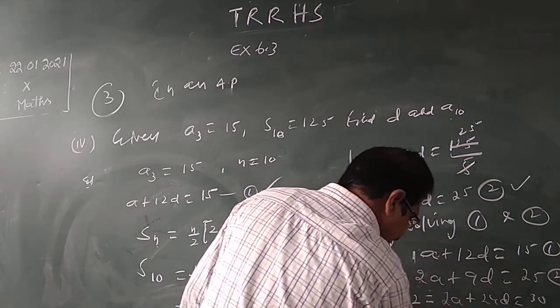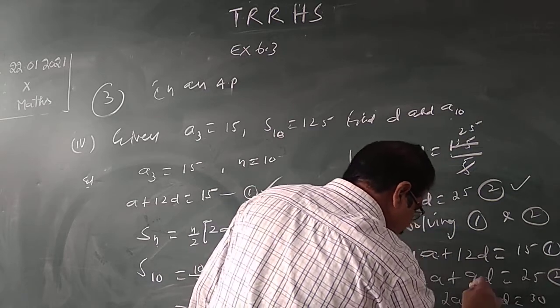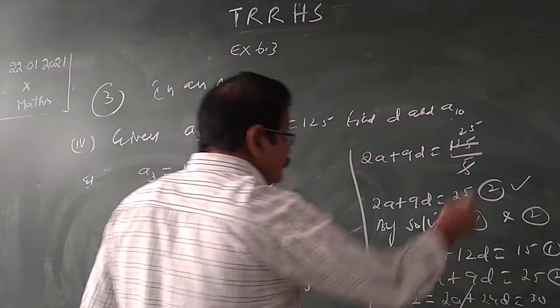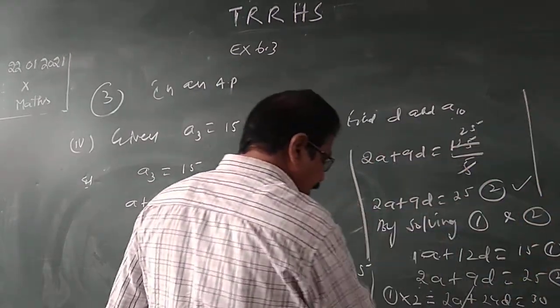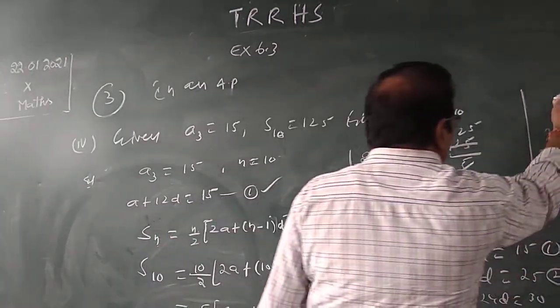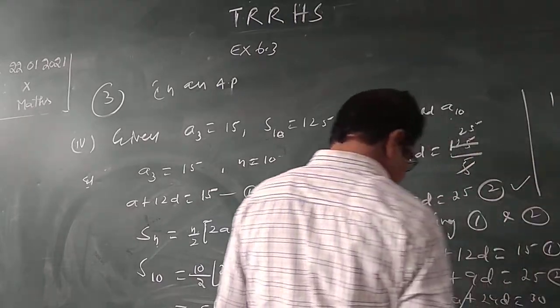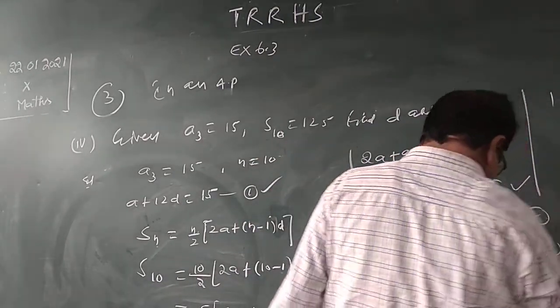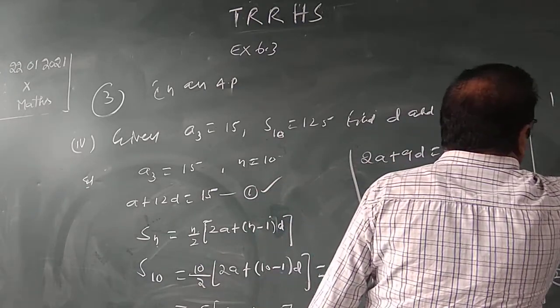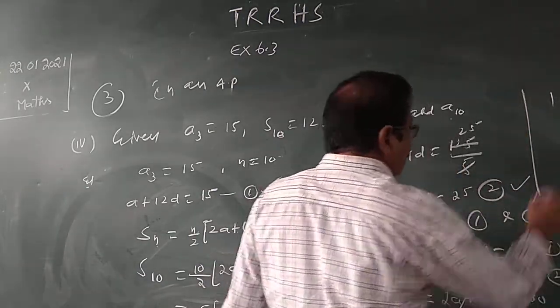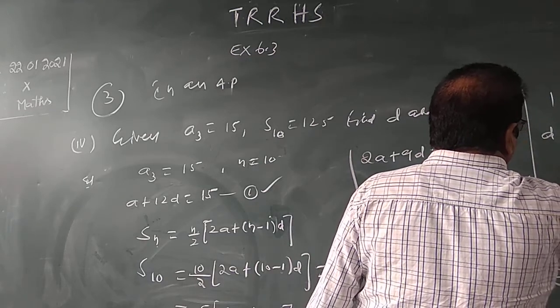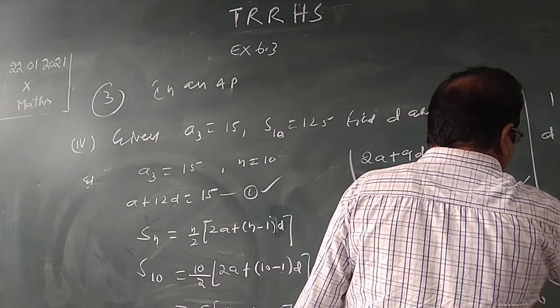Change the signs: 2A minus 2A, plus 4D minus 9D. 5D is equal to 30 minus 25, 5. D is equal to 5 by 5, so D equal to 1 by 3.